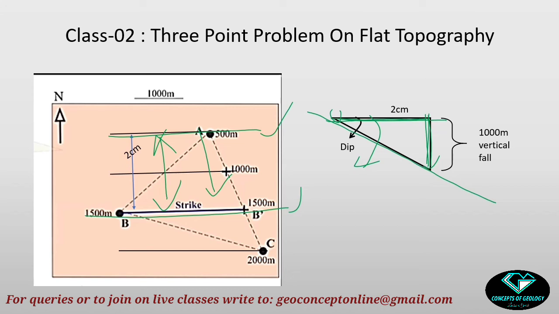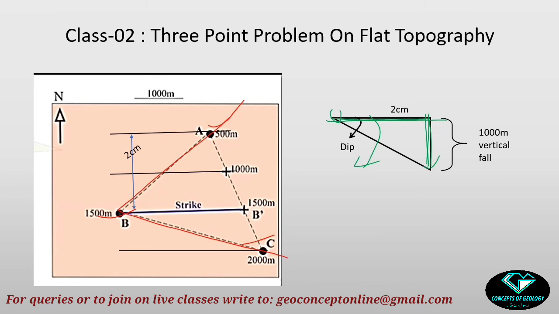So this is the procedure to solve the 3-point problems. First we have to locate the 3 points on the map A, B and C. Then I have to construct the triangle. Now I have to find out the side of the triangle which is having the minimum depth and maximum depth, or minimum elevation and maximum elevation.